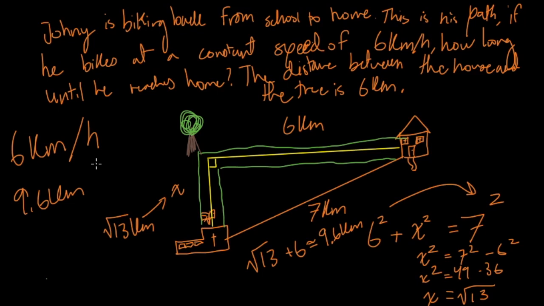So we have to be taking 6 kilometers out of the 9.6. All we have to do is 9.6 divided by 6, and that leaves us with 1.6 hours. So how long is it going to take for Johnny to get back if he's traveling at a speed of 6 kilometers per hour and he's traveling 9.6 kilometers? He's going to be traveling for 1.6 hours.